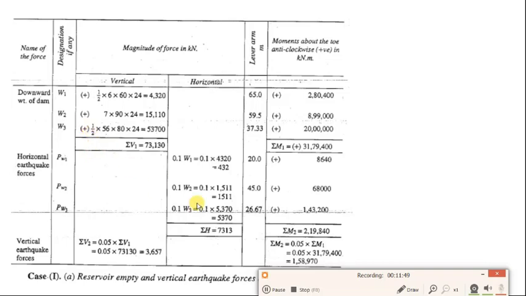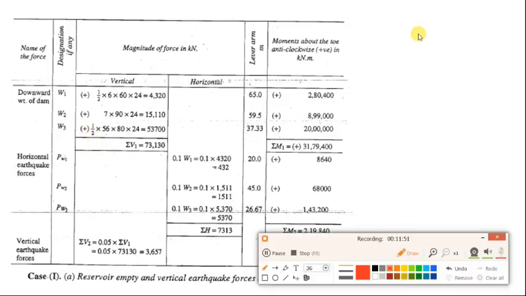I have considered the positive sign for downward forces, and for upward forces the sign is negative, because the downward force is the stabilizing force, and the upward force is a destabilizing force.